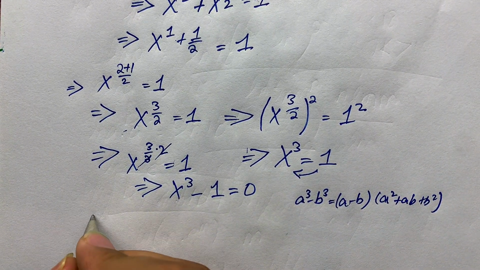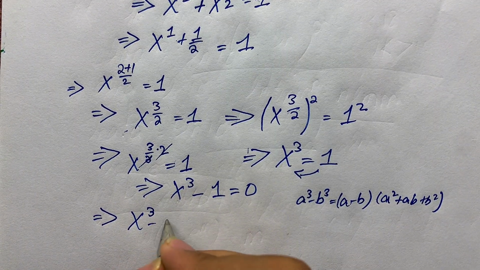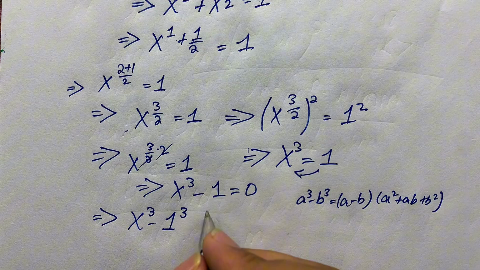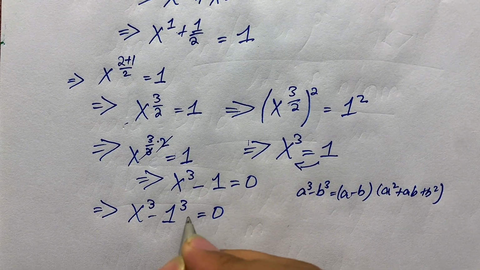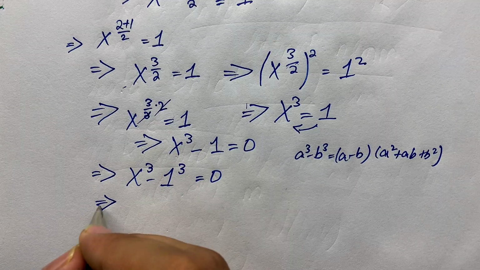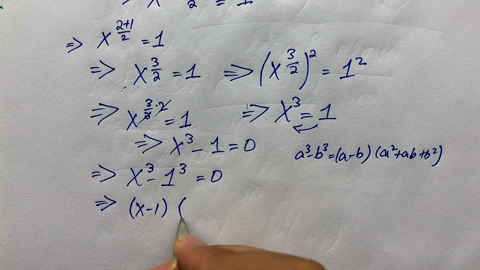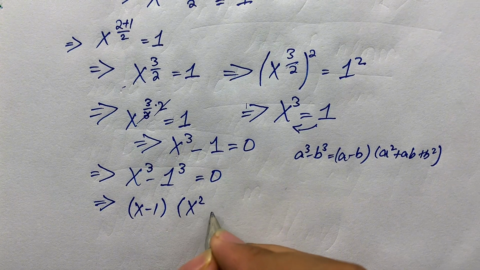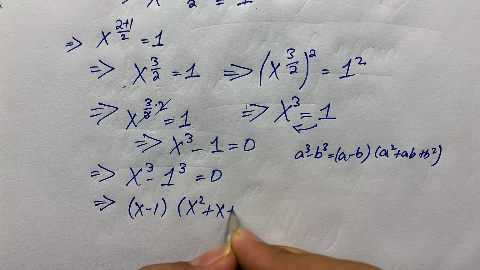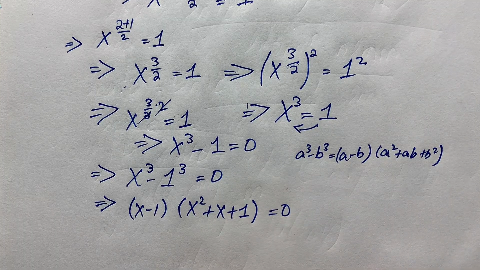Now x to the power 3 minus 1 to the power 3 is equal to 0. This will be x minus 1 into x square plus x plus 1 is equal to 0.